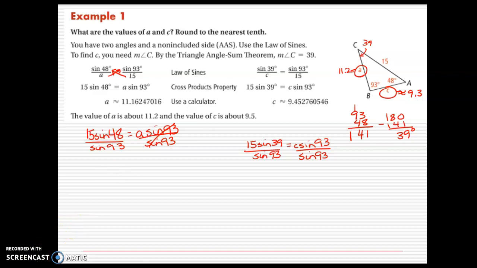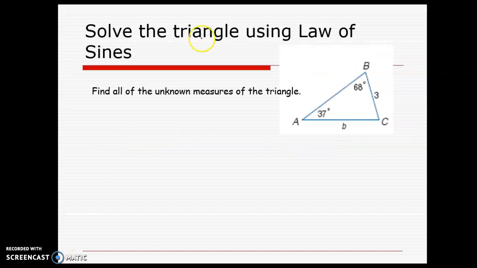Okay. So it's fairly simple. You just have to get your proportions set up. Find all of the unknown measures of the triangle. That's exactly what you will be doing here. All right. Sine of 37 over 3 equals sine of 68 over b.